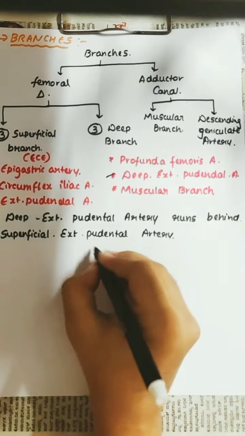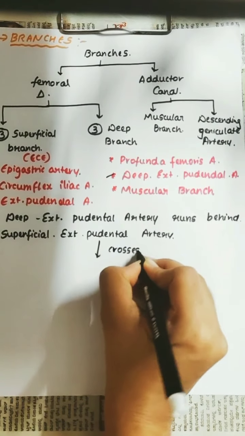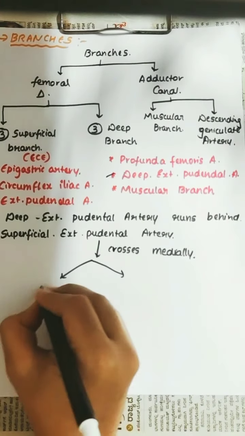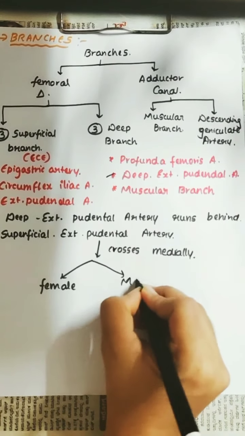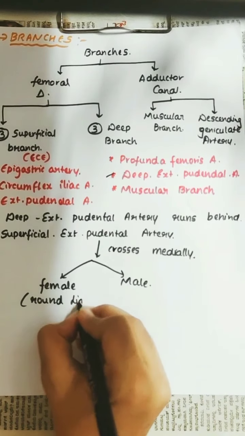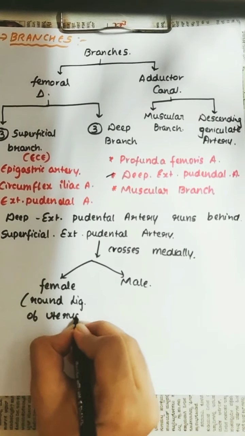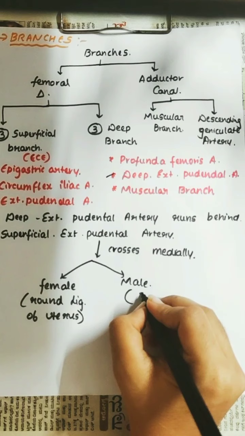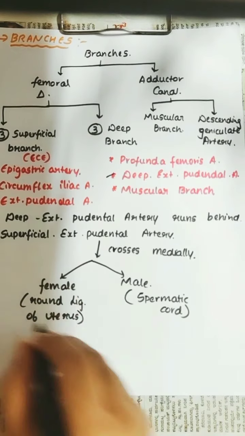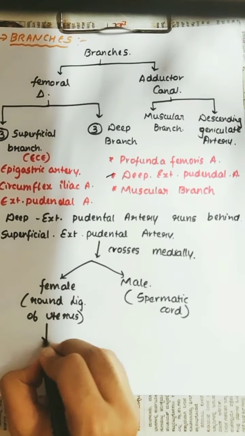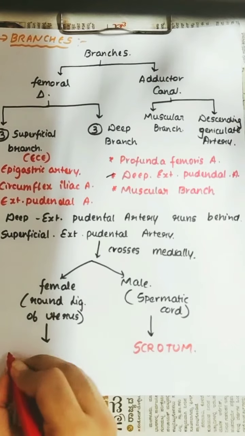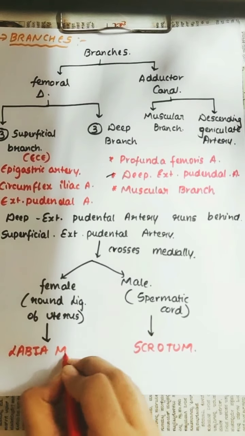and crosses medially, in the area of the round ligament of uterus in female and the spermatic cord in male, so that they can supply the scrotum as well as the labia majora.